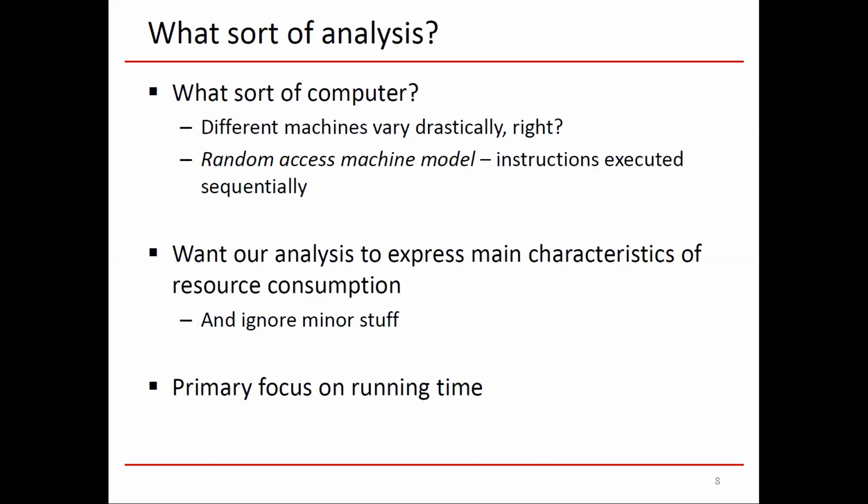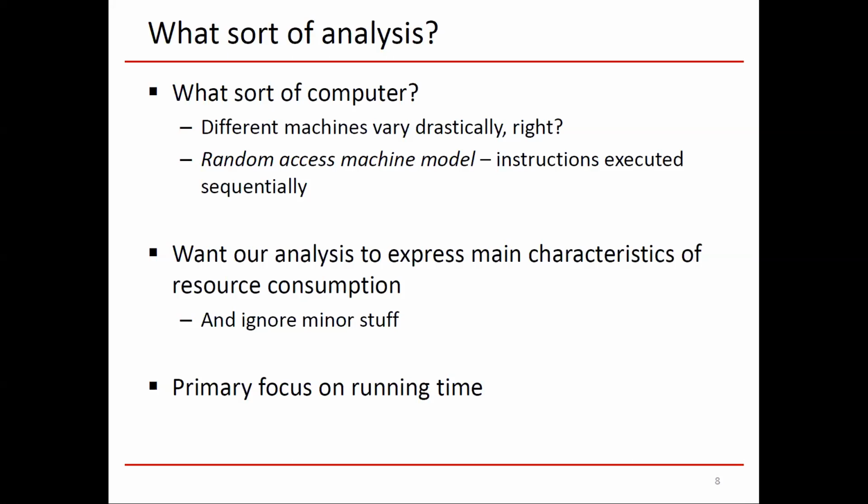You can read and you can write, one read at a time, one write at a time, one instruction at a time, with a finite number of instructions. So it's an abstraction of a computer, but this abstraction lets us focus on the essence and ignore the small stuff. We're primarily going to focus on the running time, but occasionally I might make comments on the storage and stuff like that.